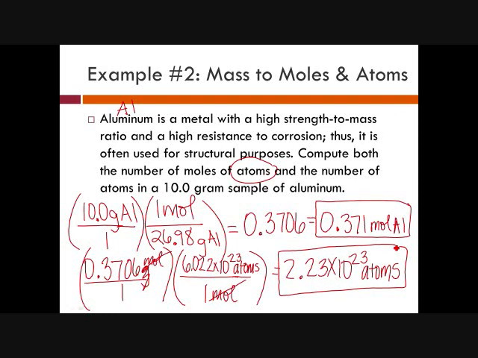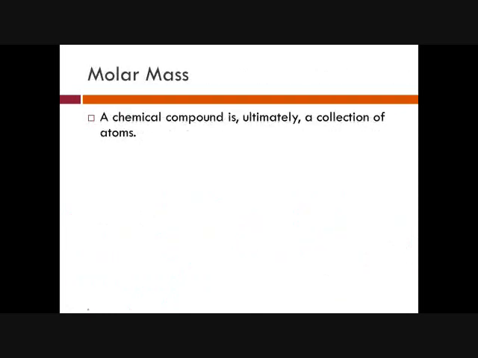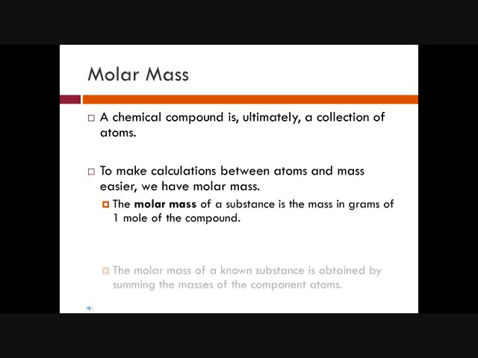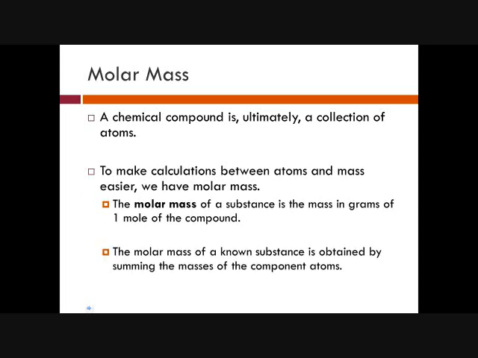Okay, so just to make sure, defining molar mass with our collection of atoms, the molar mass is the mass in grams of 1 mole. The molar mass of a substance is also known as the atomic weight or the atomic mass, and it's the sum of the masses of the component ions when you have a compound.